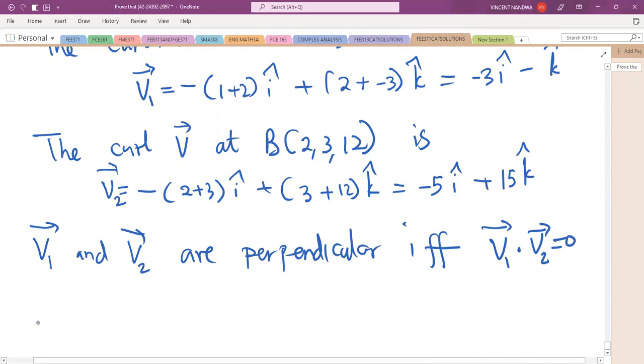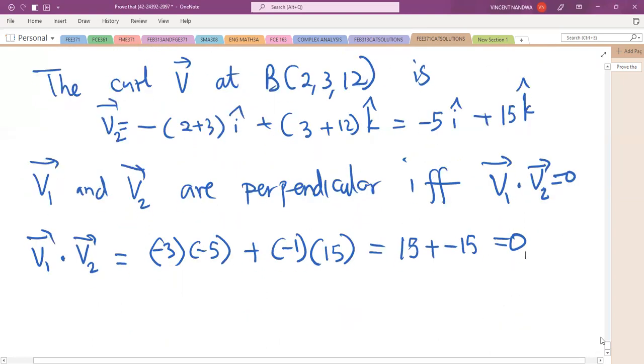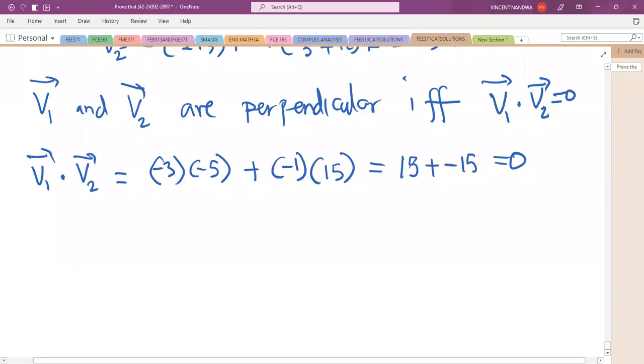So let's see that V1 dot V2 will give us negative 3 multiplied by negative 5 plus negative 1 multiplied by 15. This will give us 15 plus minus 15, and the answer is 0. So indeed, the dot product of the two vectors is 0.